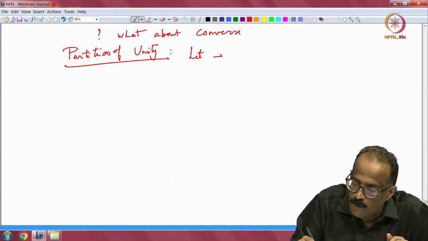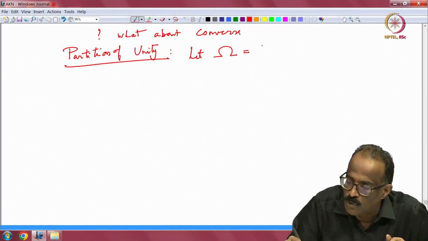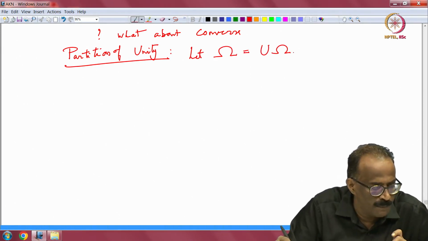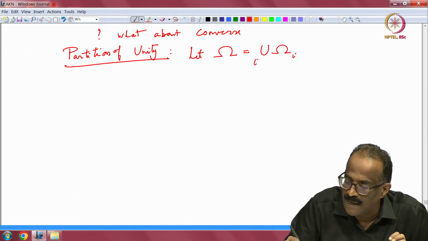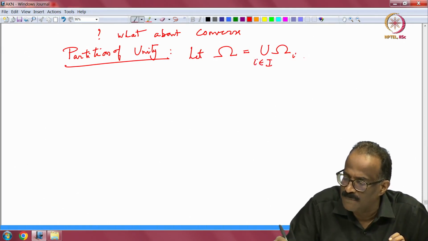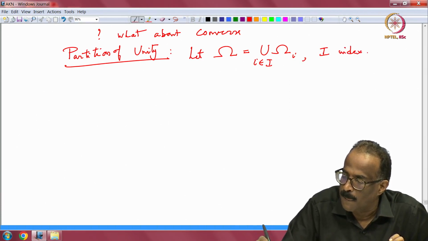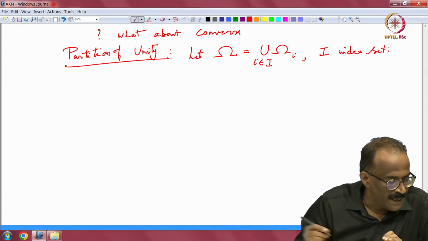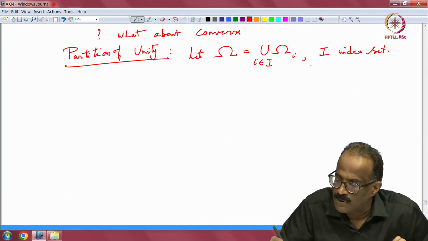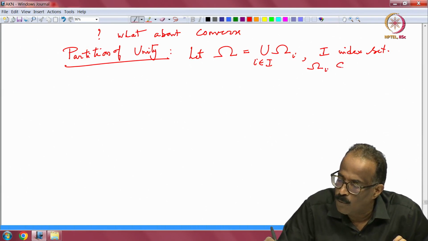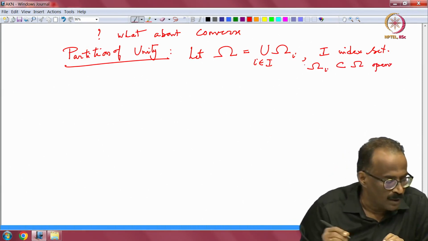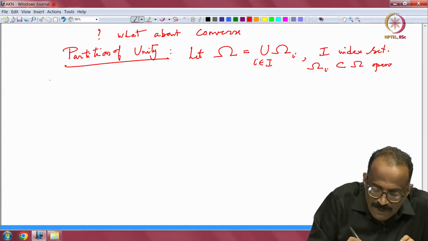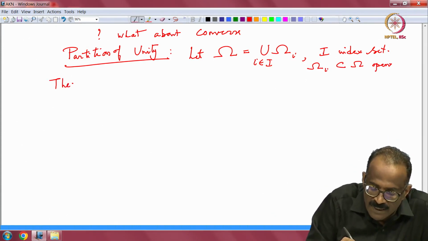Let Omega be equal to the union of Omega_i, i in I, where I is an index set. Of course, Omega_i is open in Omega, all are open sets here. Then I am writing the theorem itself.